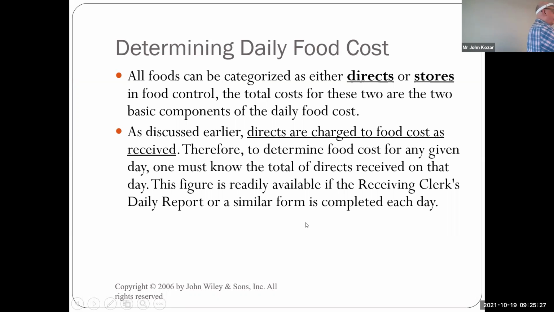So if we had fresh bread delivered every day for sandwiches, we're going to take that cost and put it onto our daily food cost, as opposed to if we got cases of frozen bread and we just pull that out of the storage whenever we needed more bread.